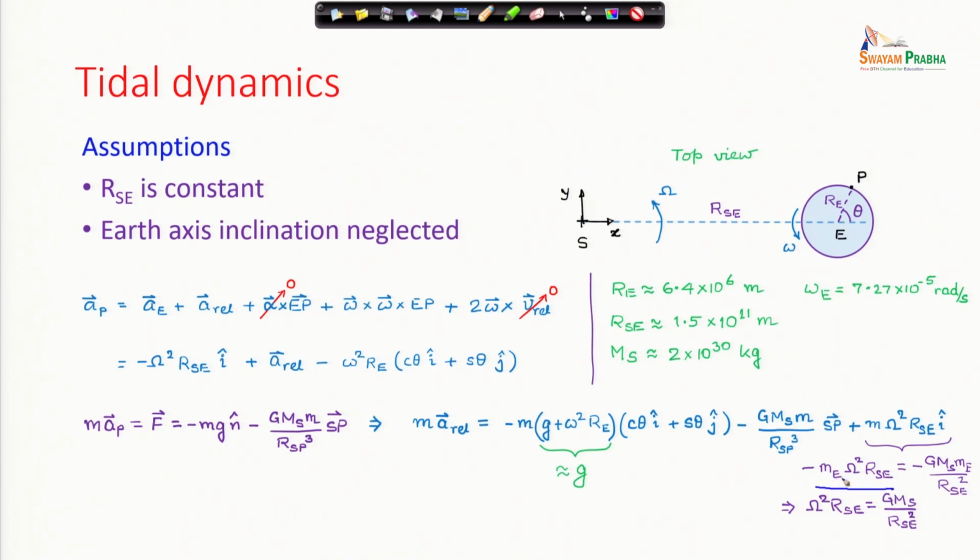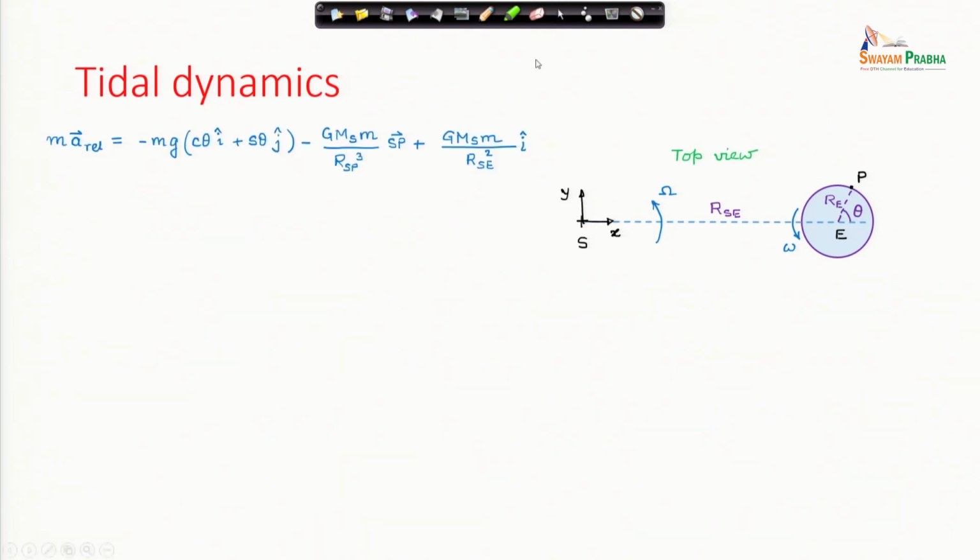This is basically mass times acceleration of the earth is equal to the gravitational attraction because of the sun on the earth. This simplifies to this expression. Therefore, I get capital omega square r SE in terms of universal gravitational constant, mass of the sun, and sun earth distance. Therefore, I can replace this term, and that is what I am going to do next.